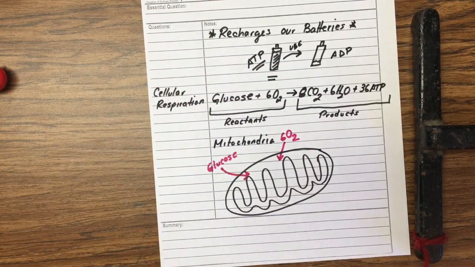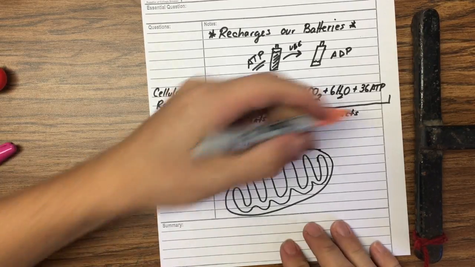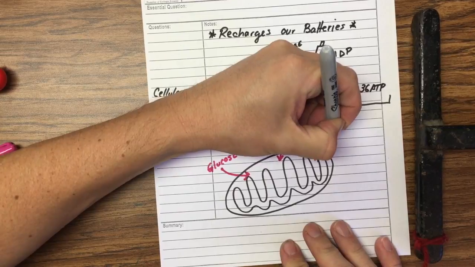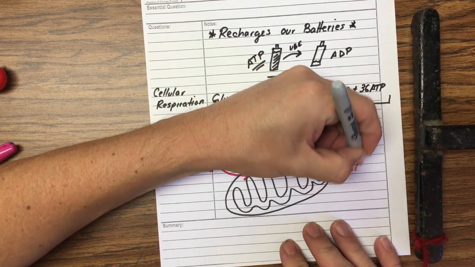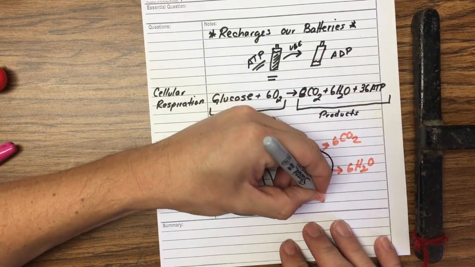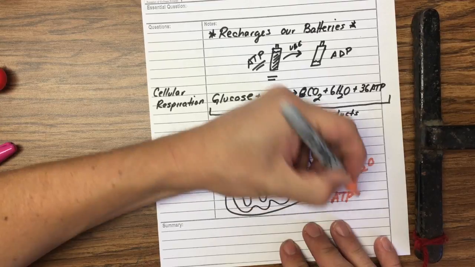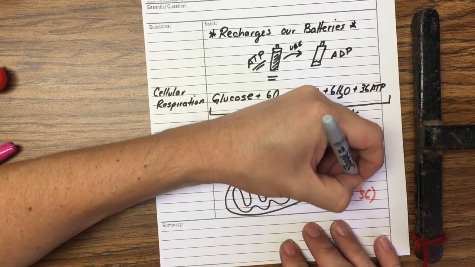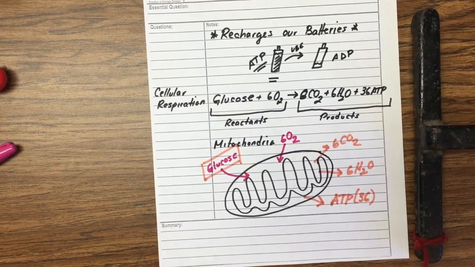And what ends up coming out is the 6 CO2s, water molecules, and our ATP, 36 to be exact, every time 1 glucose molecule comes in.